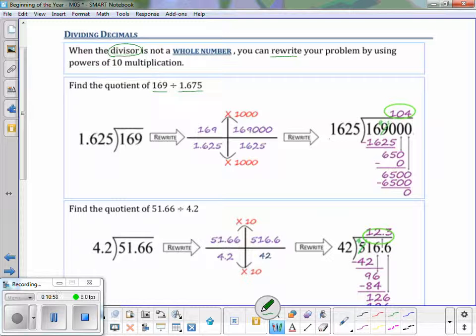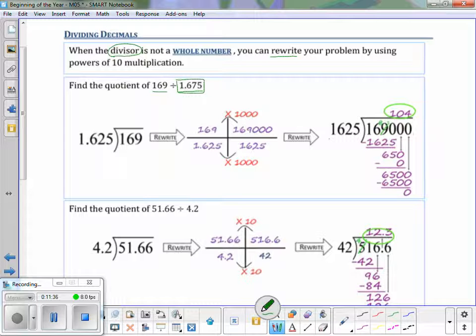So 1 and 675 thousandths, this number right here, is not a whole number. This is a number that's in between 1 and 2, really close to 1.5, but it's not a whole number. So in order to be able to use an algorithm for this, we have to turn it into a whole number. To do that, we're going to multiply it by 1,000.